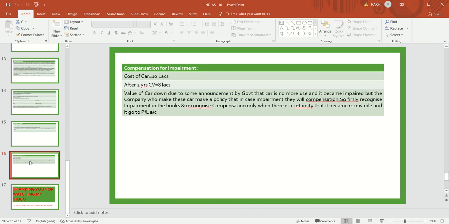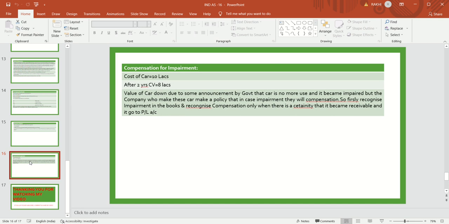The value of the car goes down due to an announcement by the government. That car is no more used, and so it becomes impaired. But the company that makes these cars makes a policy that the person who has purchased the car will get compensation.